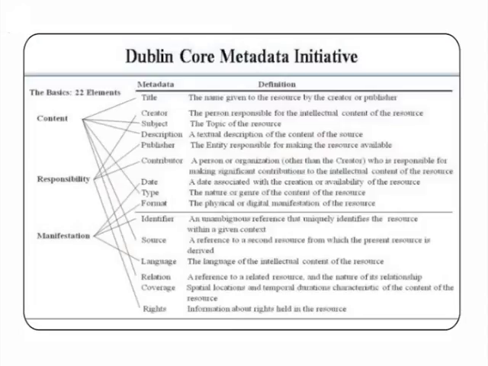Now, Dublin Core, I have a slide here to show that one content can be represented with just 22 elements. The content, the responsibility, and manifestation of this content can be easily given a name, that is title, creator, subject, description. These are the metadata, and the definitions are given on this. This you can also read from the material supplied with the course.